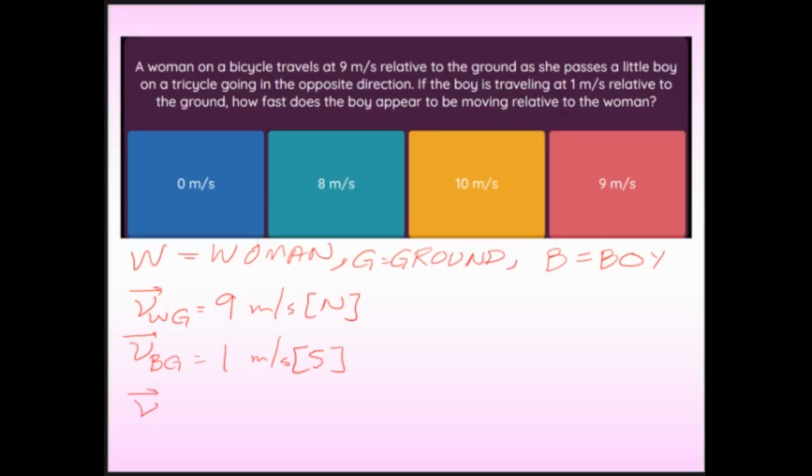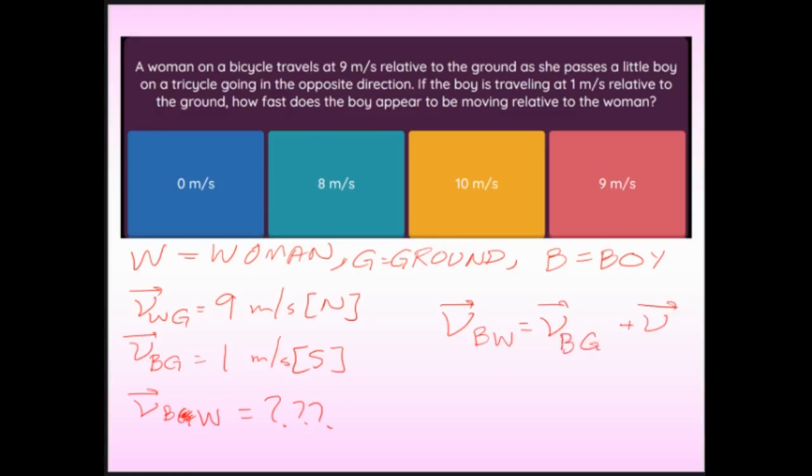Boy according to the woman, VBW. What's the equation for VBW? B, boy to woman. What plus what?